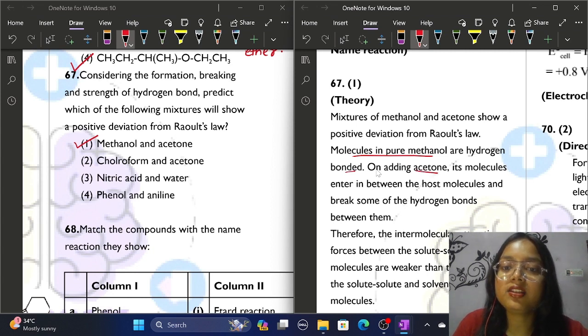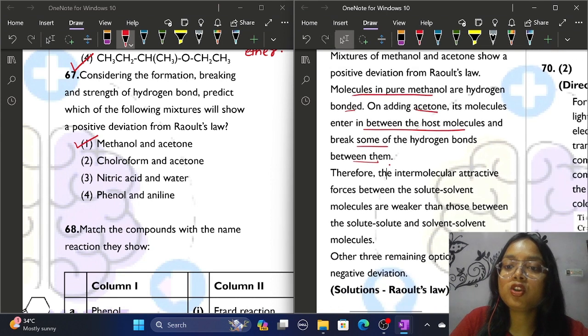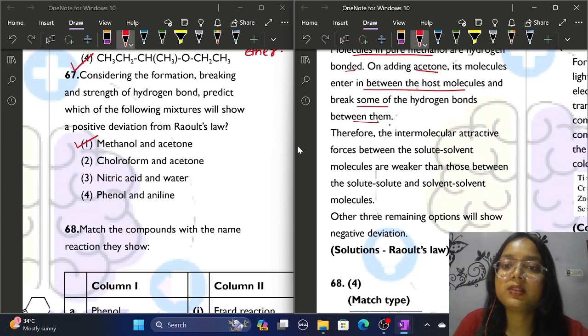When we add acetone, the molecules of acetone will enter in between the molecules of methanol and break some of the hydrogen bonds. Therefore, the intermolecular attractive forces between the solute-solvent molecules are weaker than those between solute-solute and solvent-solvent molecules.